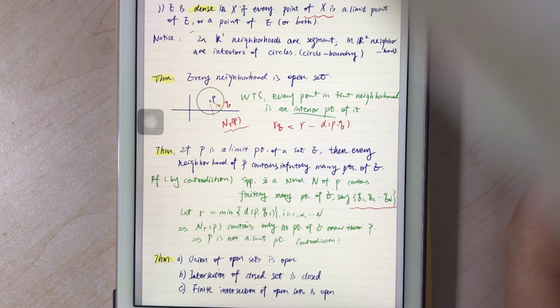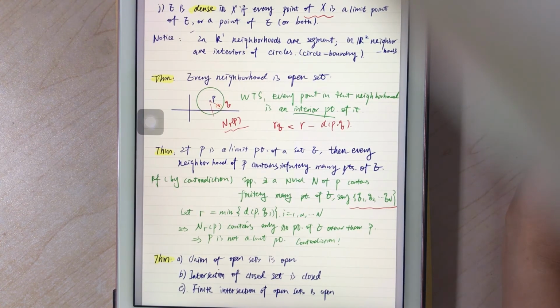The reason we did this is that we want to show that there are infinitely many points, but we want to prove it by contradiction. So we suppose there are only finitely many points. We want to deduce from the assumption a contradiction, that P cannot be a limit point. So how are we gonna prove that P cannot be a limit point?